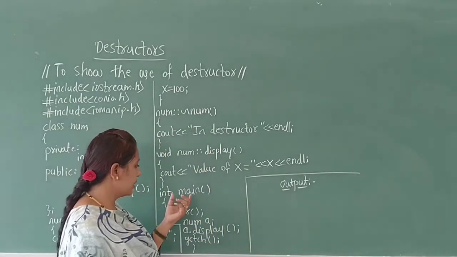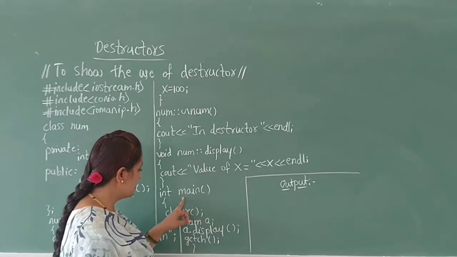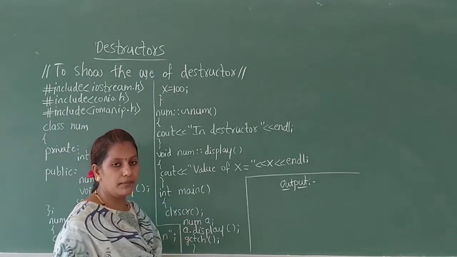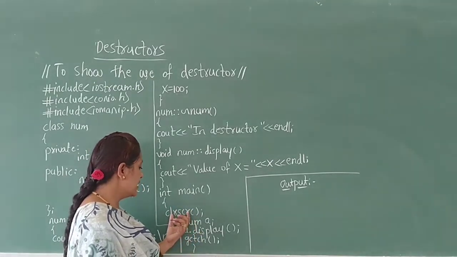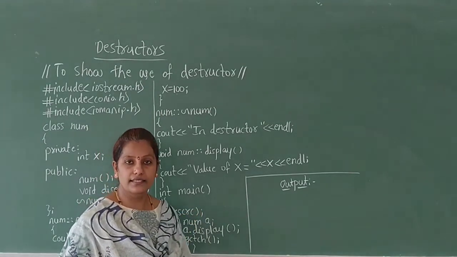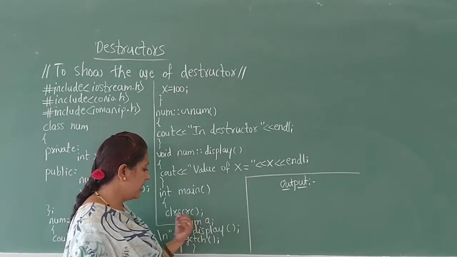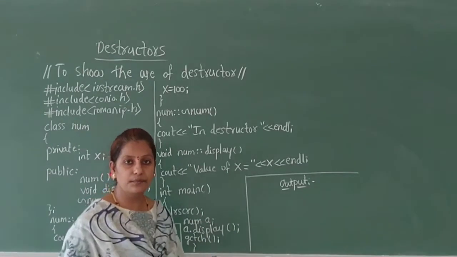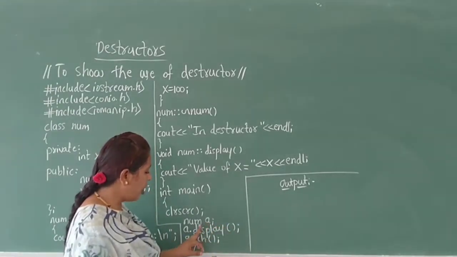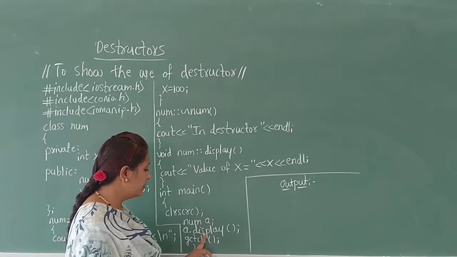The program execution always starts from the main function. It reads the main function and the next executable statement, clrscr, which clears the output screen. Then num A: using the class name num, object A is created. Using that object, the display function is called, A dot display.